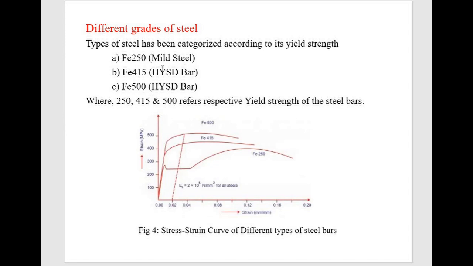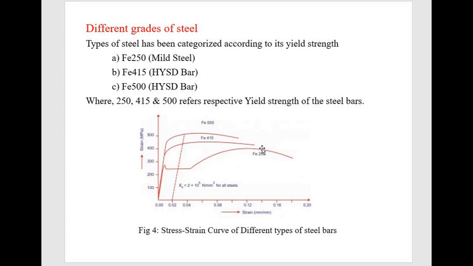And next, as we can see, Fe 250 is a mild steel bar, and because of its low yield strength, we don't use this type of steel bar now. If we observe this graph, we have compared all three bars, and we can see the variation of the stress strain curve.